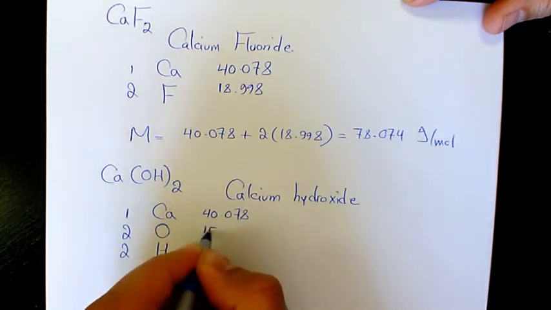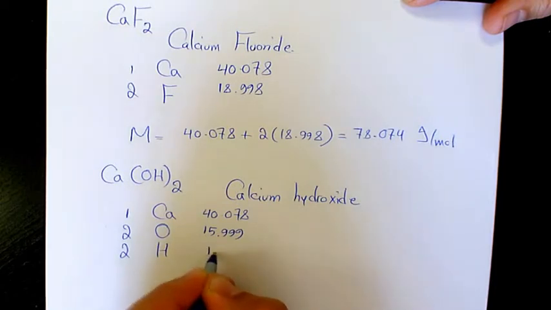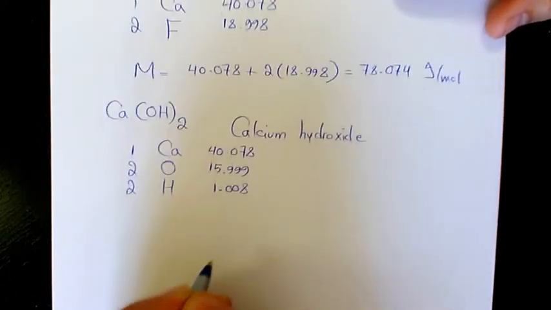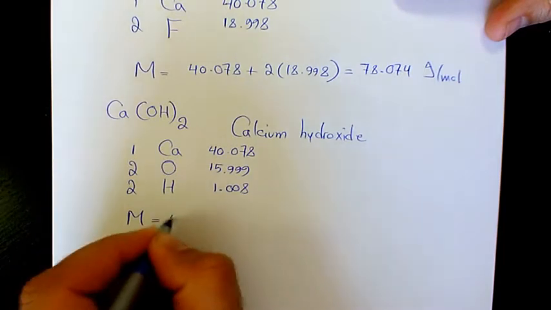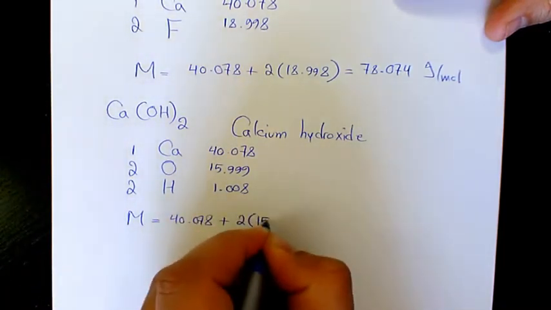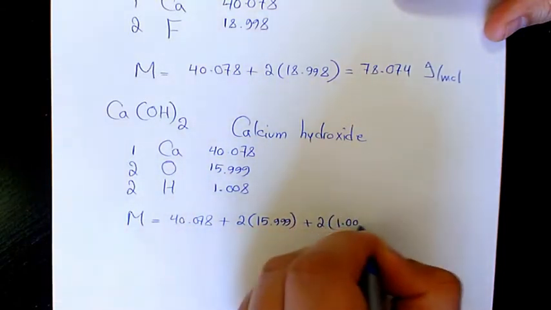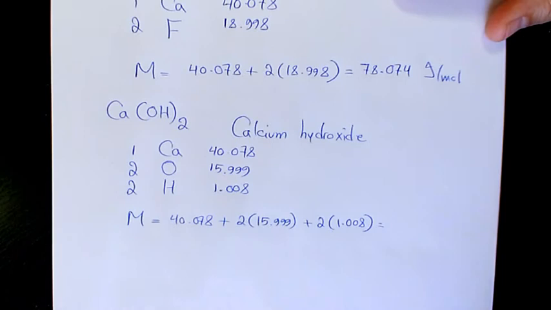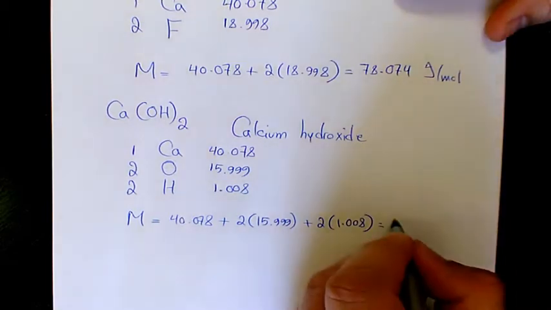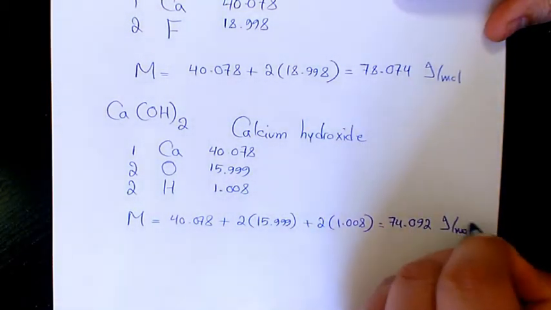Oxygen is 15.999. Hydrogen is 1.008. So molar mass is going to be 40.078 plus 2 times 15.999 plus 2 times 1.008. It's going to be 74.092 grams per mole.